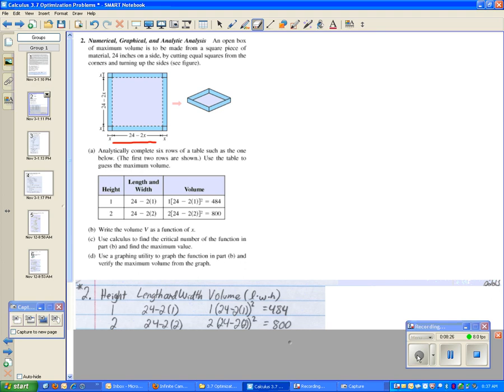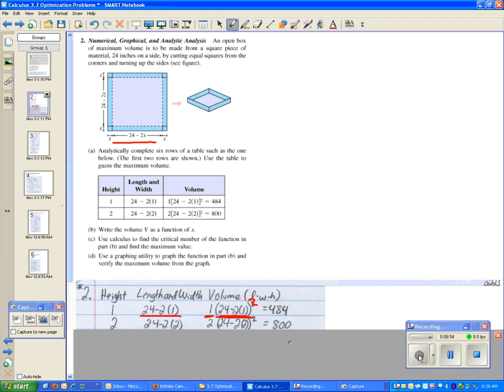So the length or the width is 24 minus 2 times 1. Then the volume is the height, 1, times the length and the width, which are the same thing, so they just squared it instead of writing it out twice.